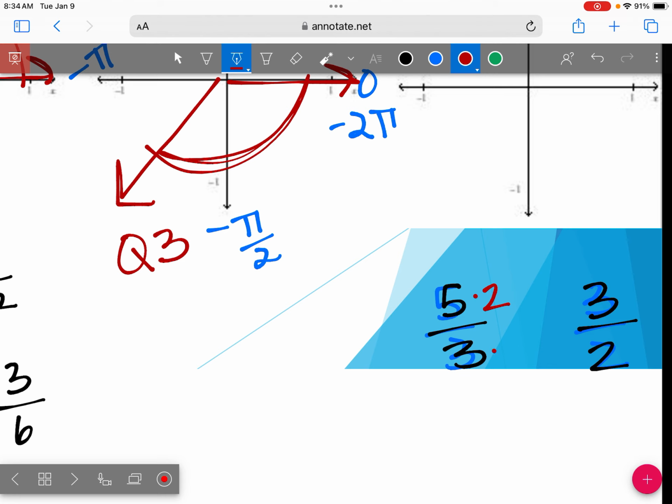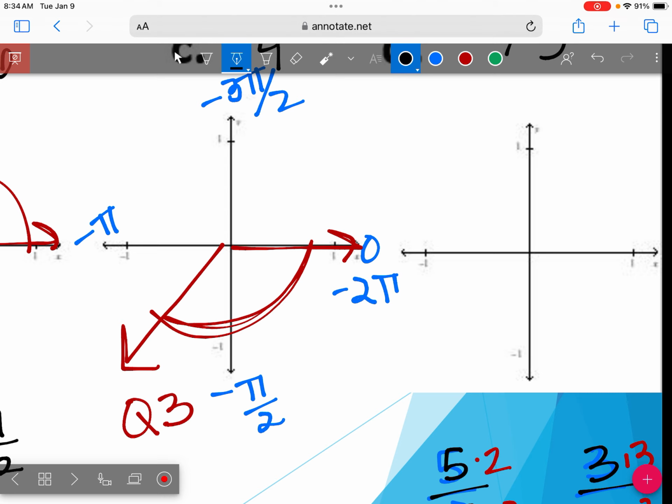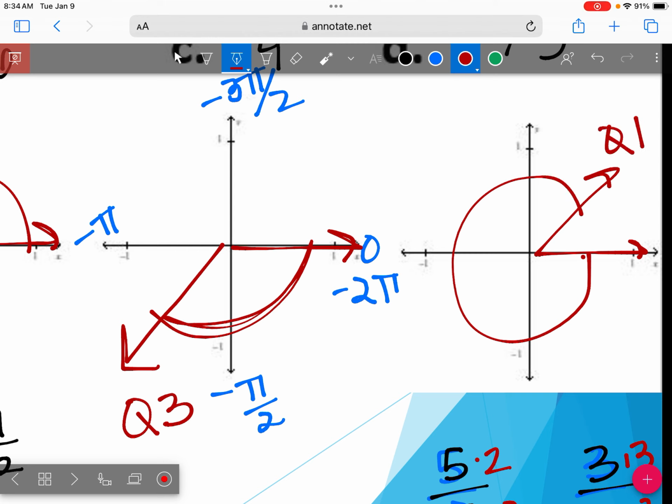I would multiply this one by 2 and this one by 3. So that gives me 10/6 and 9/6. So that tells me, because 10/6 is more than 9/6, that is going to tip me over into quadrant 1. So I'm going all the way around to quadrant 1, and that would be my angle.